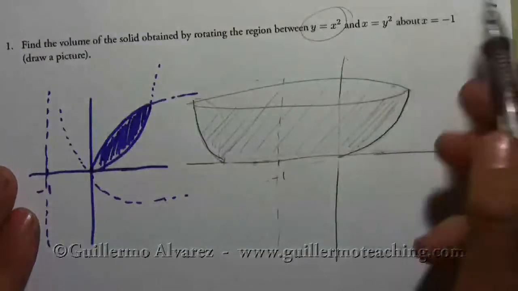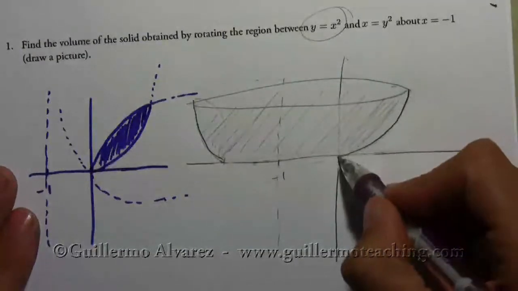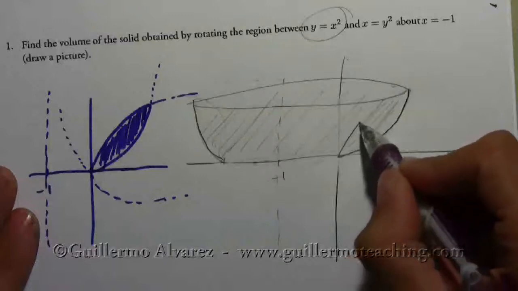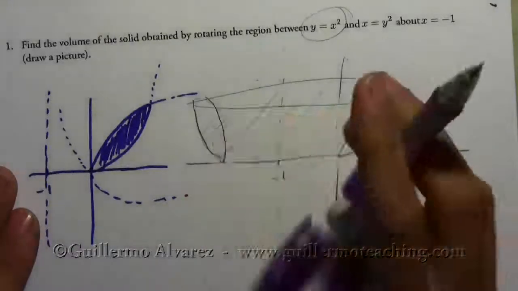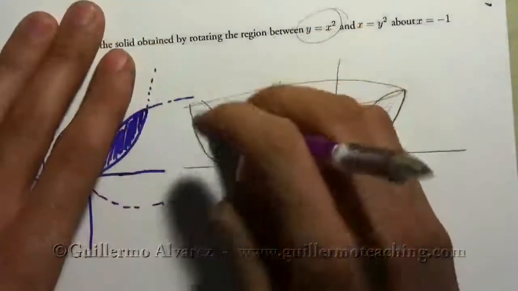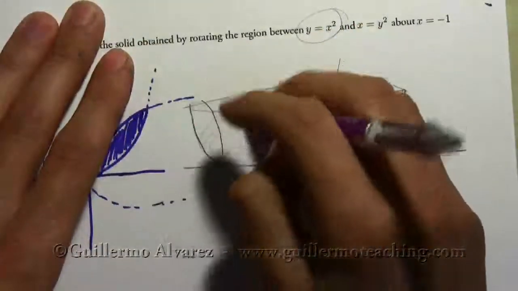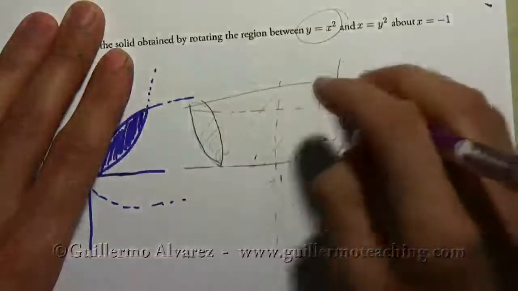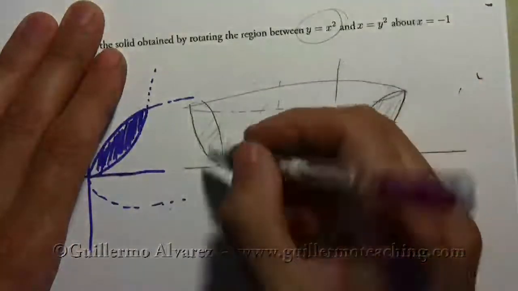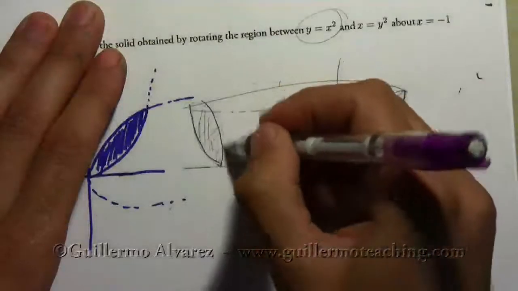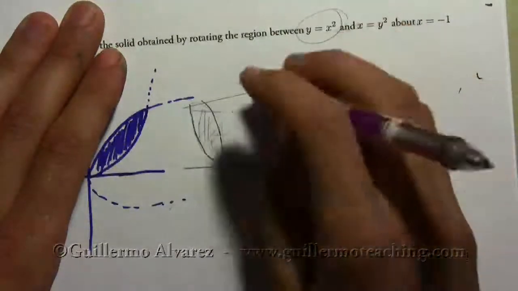Okay, but then if I take away x equals y squared, what I end up with is a washer with just the surface that I'm looking for, just the outside part.